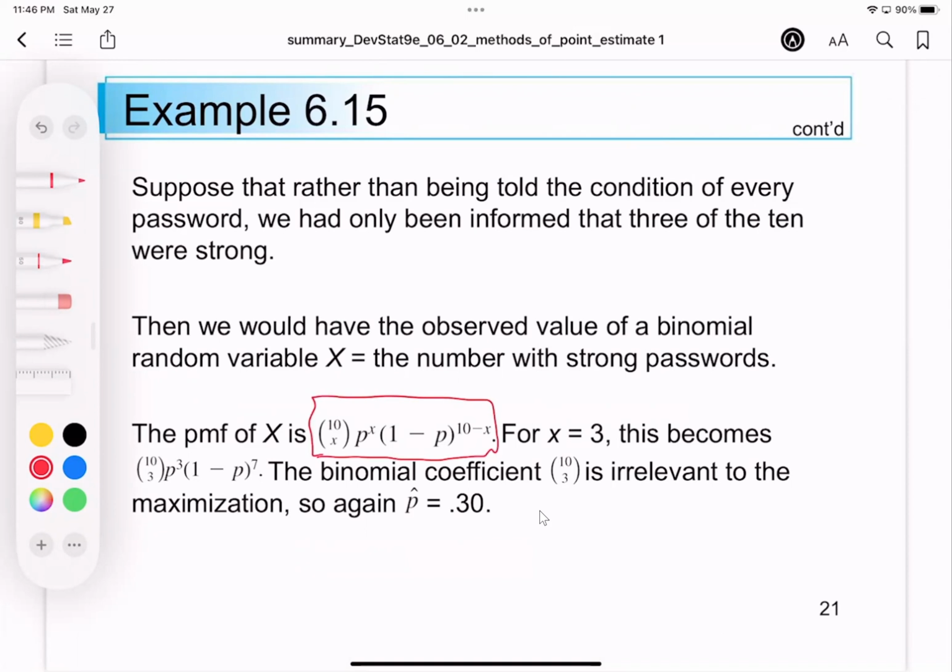This is the binomial distribution of observing x passwords that have strong protections, and we have x being 3. So we put in x being 3, that's the observed value. Now this is the probability mass function as a function of the parameter p. And then we maximize it by taking the log and then taking the derivative, setting the derivative equal to 0 to solve for the p.